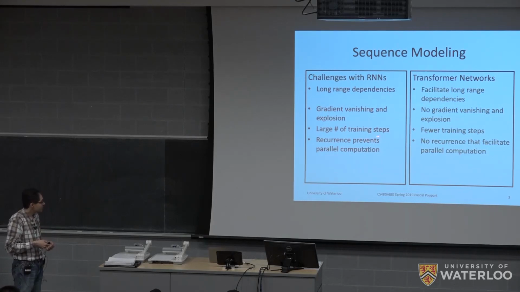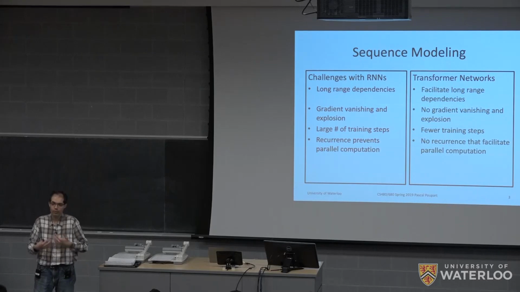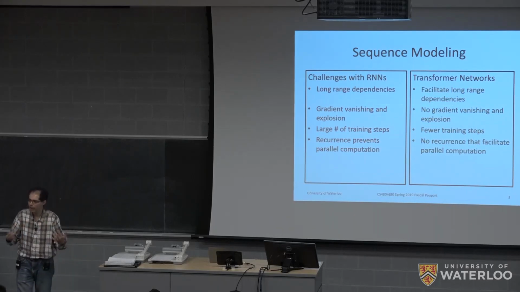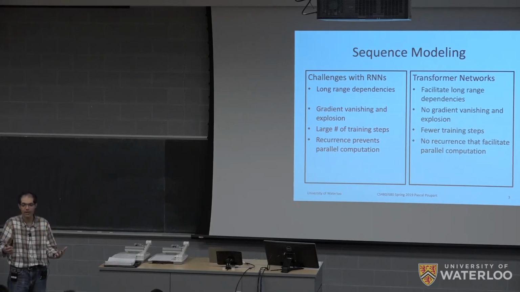Beyond the number of steps, there's also the question of parallelizing computation. So today, GPUs have become key for working with large neural networks. And what they really do is enable us to do some computation in parallel.